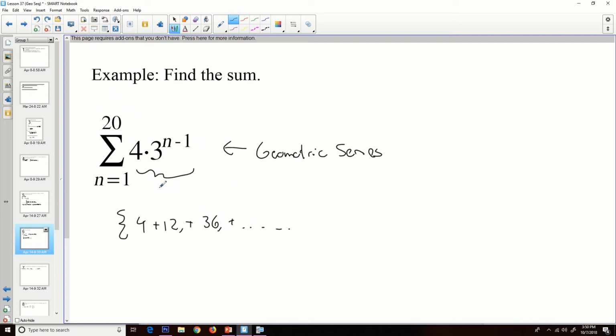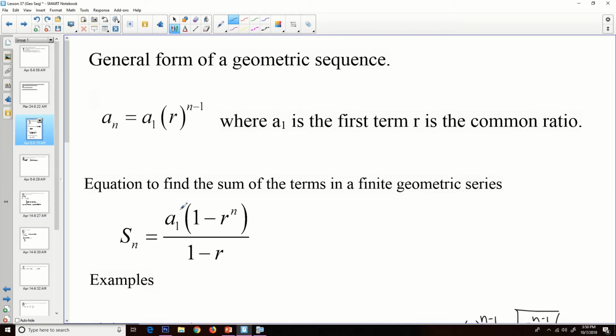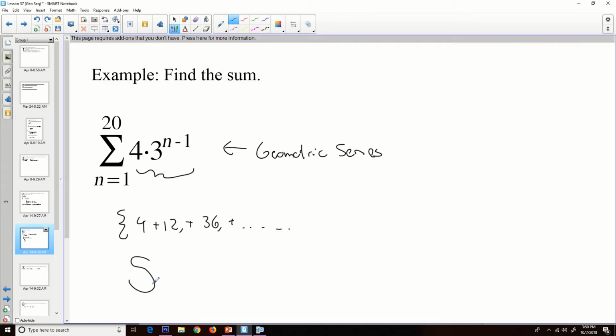So since it's a geometric series, I can find that sum using the sum equation that we had earlier. We know what the first term is, we know how many terms they want us to figure out, and we know the common ratio. So we can say S sub 20, and I know that it's 20 because it says 1 to 20 terms. The first term is 4, and the common ratio is 3, and we're going to raise that to the 20th power, all over 1 minus 3.